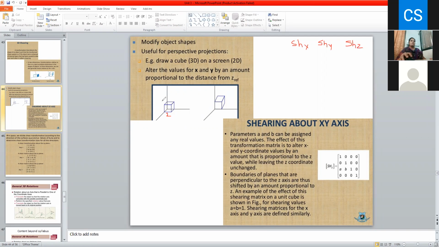So can you tell me the coordinates of those 8 points? This cube is having total 8 points. If one of the coordinates is origin itself, can you tell me the remaining 7 coordinates?